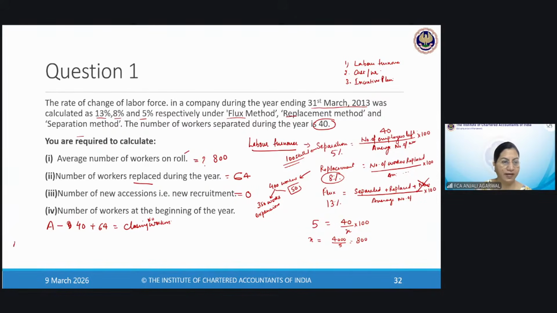So opening was A and closing is A plus 24. And if you take the average of the two, you get 800. So that means 2A plus 24 is equal to 1600. 2A is equal to 1576 and A is equal to 788.